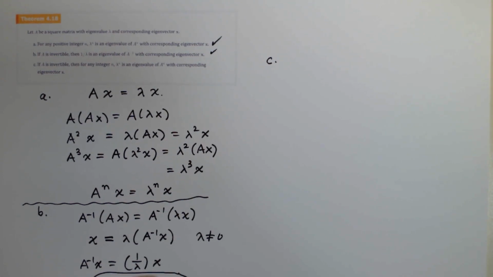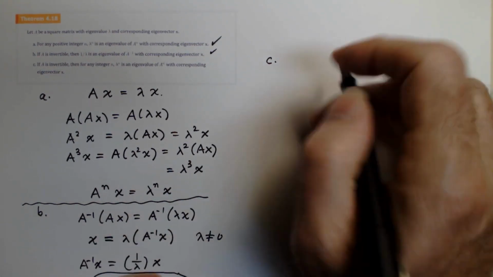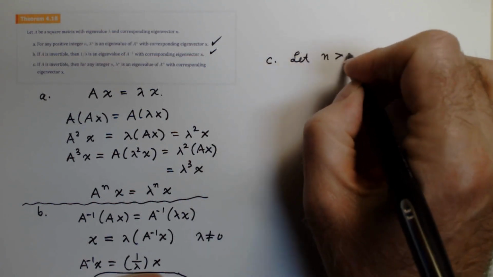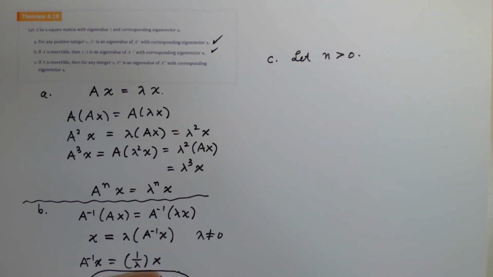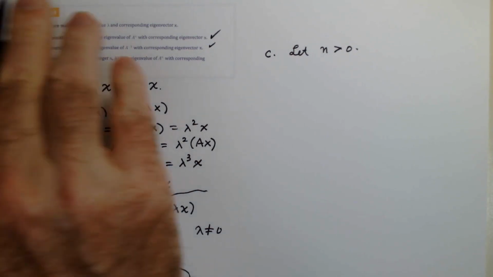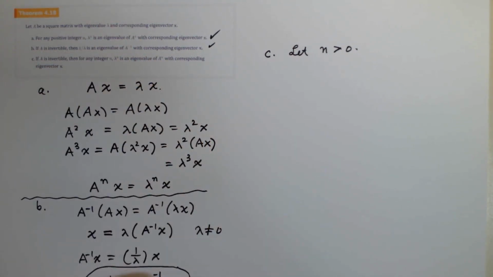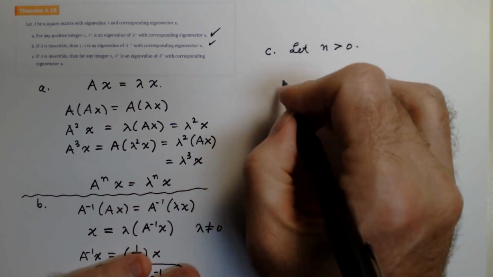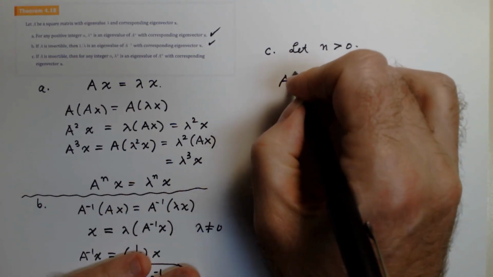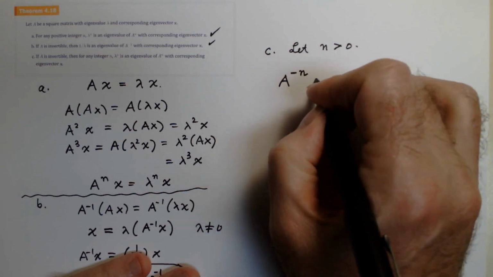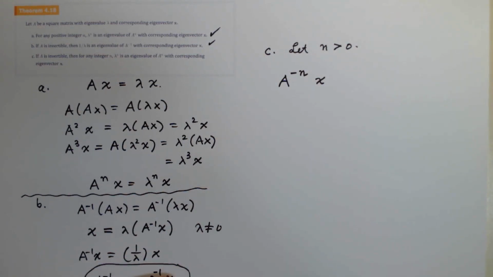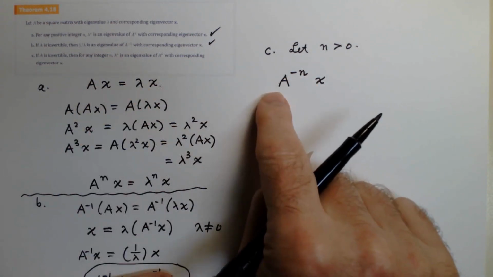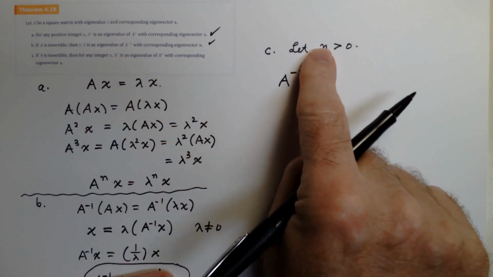Now, here's what I want to do. I want to let n be a positive integer. And I want to look at this through the lens of thinking about A raised to the power of minus n. So this would, for instance, be A to the negative 8 or A to the negative 10, where n could equal 8 or 10.